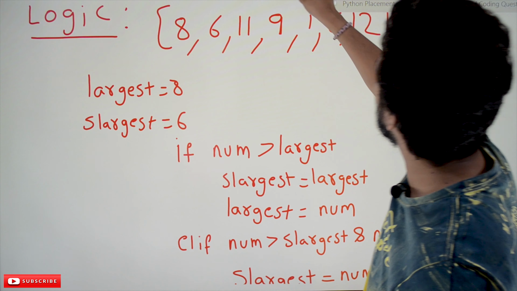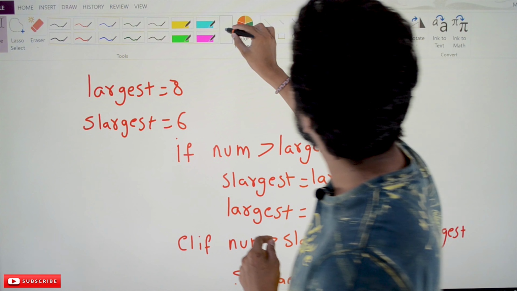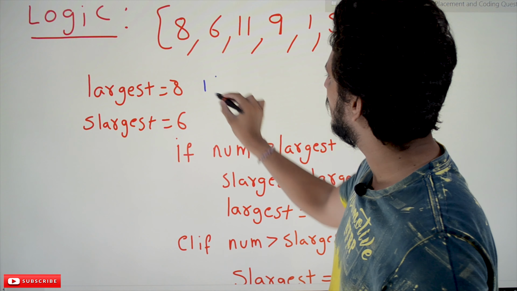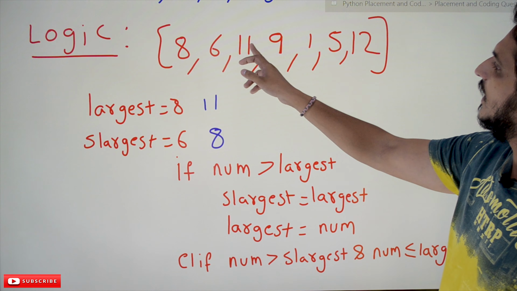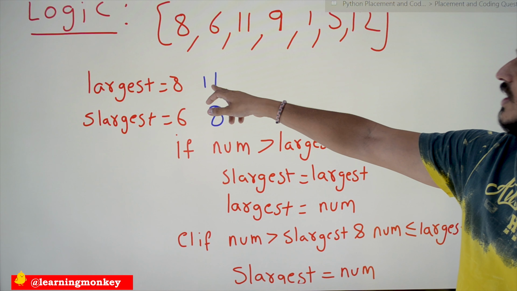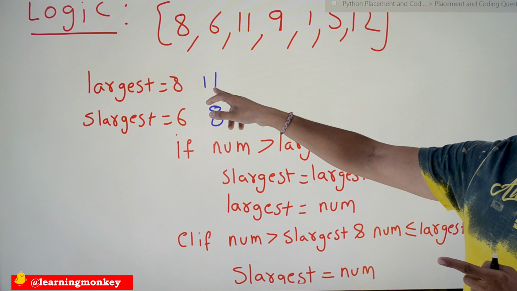So largest is equal to 11, and the second largest is 8. Take the next element, 9. What is the largest element now? 9 is not greater than the largest element.